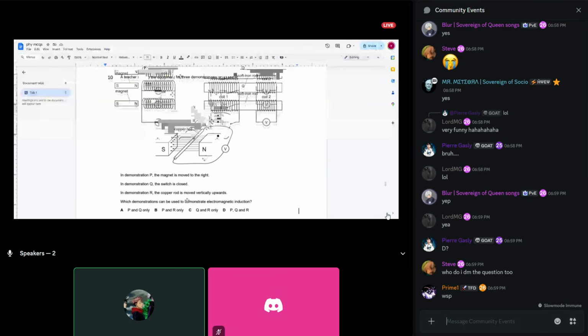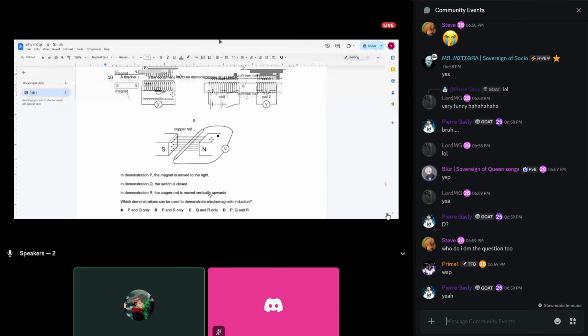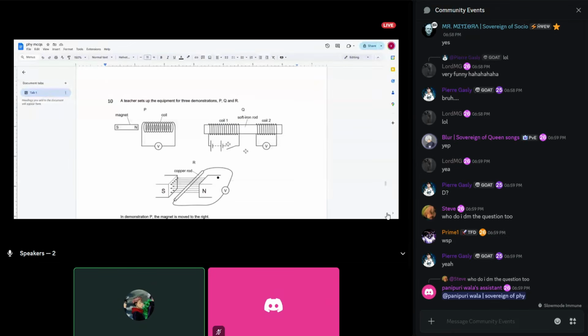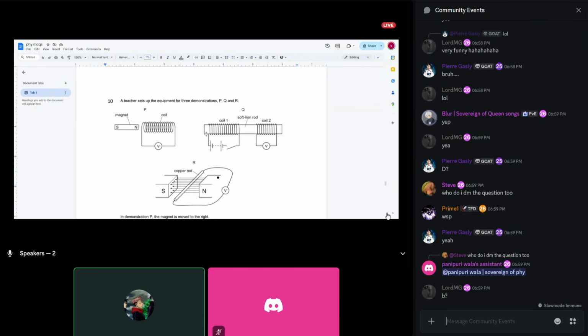Look, the copper rod is moved vertically outwards. So use the right hand rule, induced current. In demonstration Q, the switch is closed. We generate magnetism here, which generates a magnetic field here.